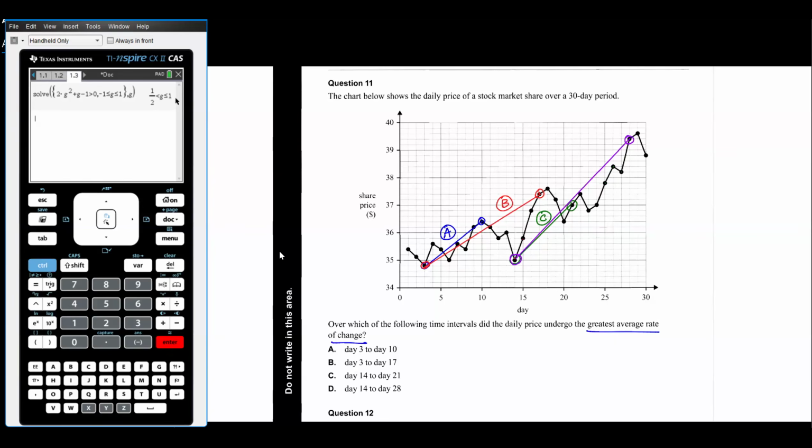From your observation, you should be able to see these two lines are roughly parallel to each other. The blue one is roughly parallel to C, but the purple line has the greatest rate of change, okay? Alternatively, you may also want to calculate each gradient, but just be aware.